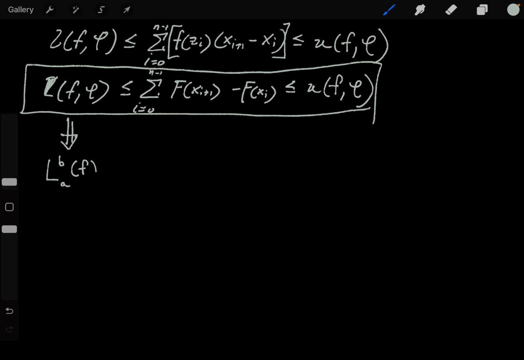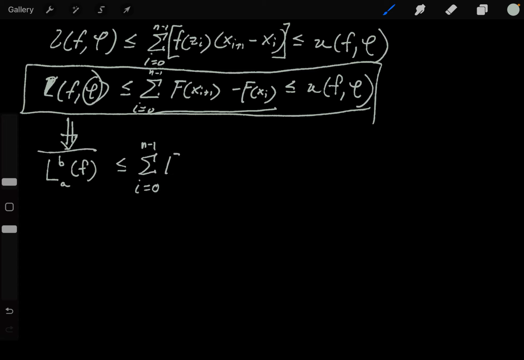It's written like this, of f from a to b. And that is still guaranteed to be less than or equal to this sum over here, because this sum applied for any partition. So it applies even to the largest partition for the lower bound, right?